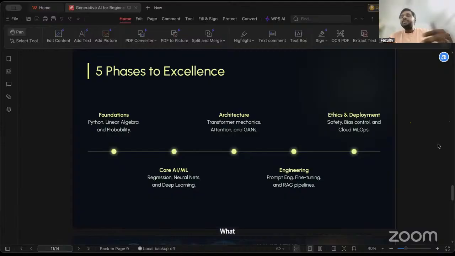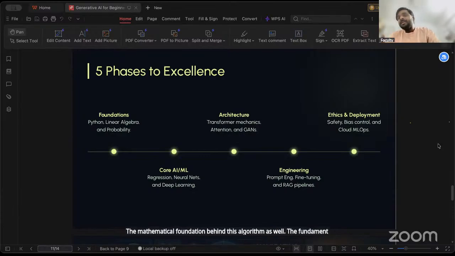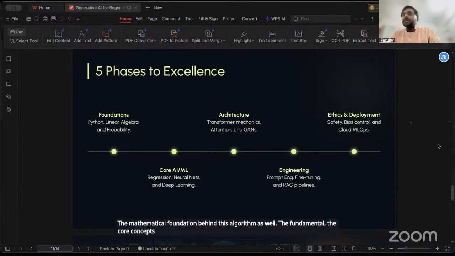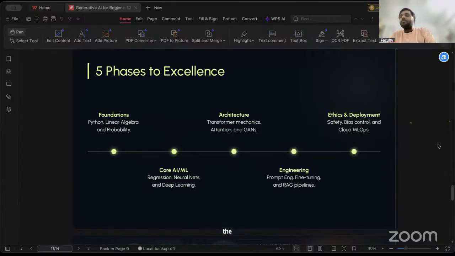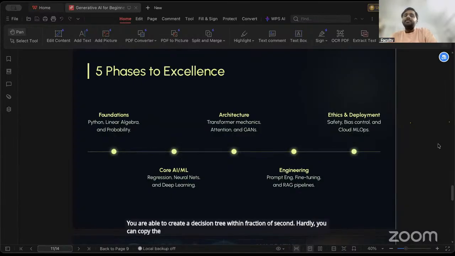What you should be doing is trying to learn the mathematical foundation behind these algorithms as well. The fundamental, core concepts through a numerical approach or through the foundation of these approaches are very, very important. You are able to create a decision tree within a fraction of a second. Hardly, you can copy the code and paste it. But when I talk about can we increase the number of trees? Can we change the mode?